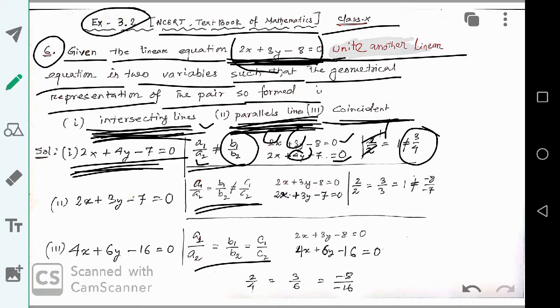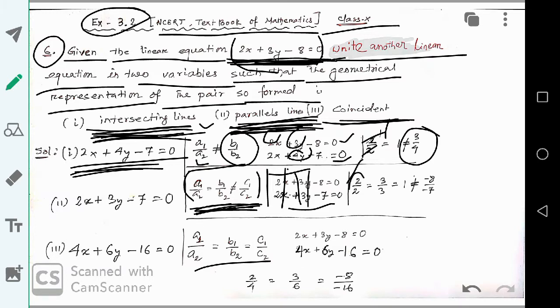Next, to be parallel, the pair of linear equations must satisfy this condition: a1 by a2 is equal to b1 by b2 but not equal to c1 by c2. This is the given equation, and this is the equation I have taken. The coefficient of x in both equations is 2 and the coefficient of y in both equations is 3.